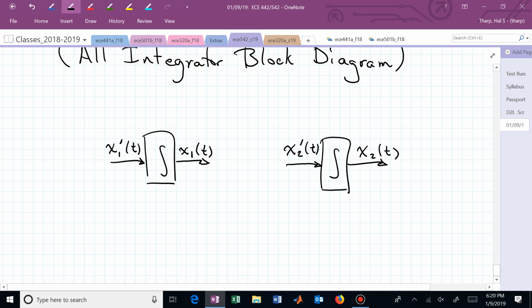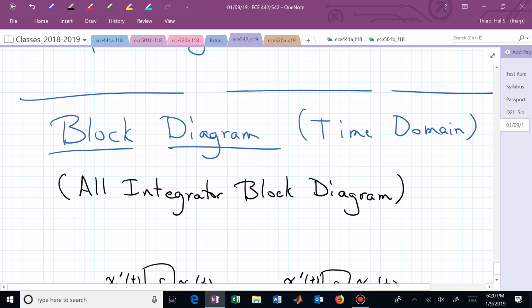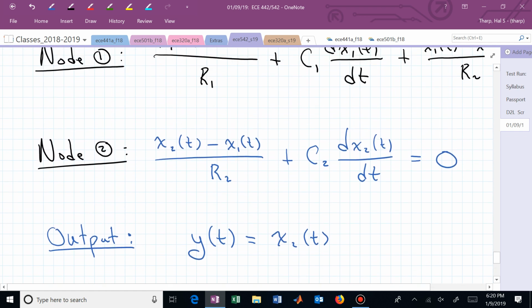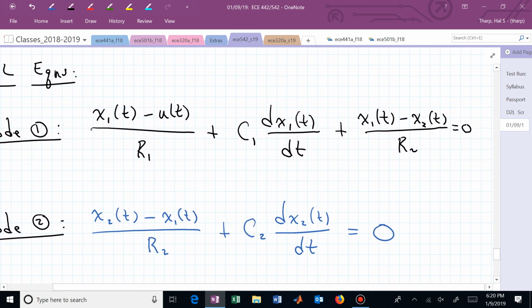I now build this up, I interconnect this based on how these differential equations are described. If I solved that second one, this will be easier. If I solve this second one for x sub 2 prime, do you see that I move those other two terms to the right-hand side and I divide by c sub 2? Sitting on the right-hand side, I now have x1 of t scaled by what?